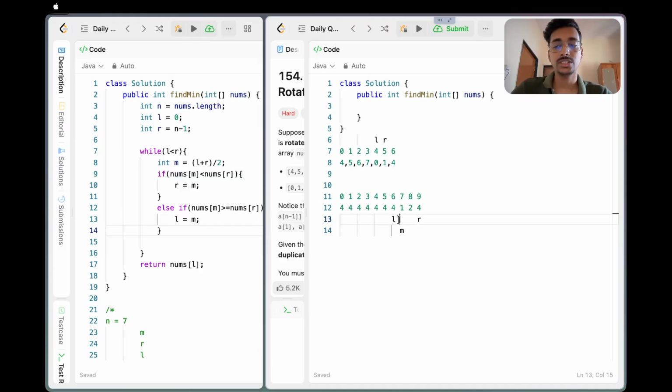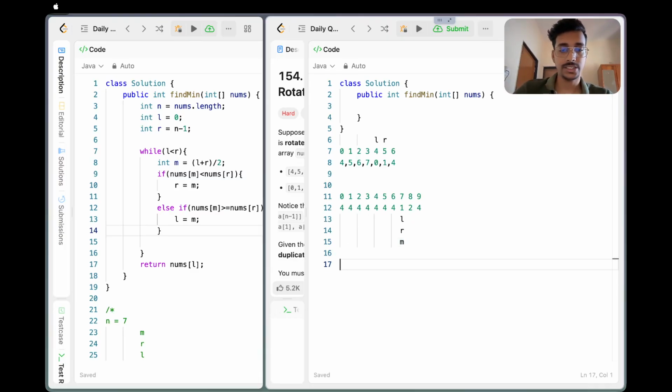Again same problem. This time it will be at 8, and then check. Okay, for this case it's working.